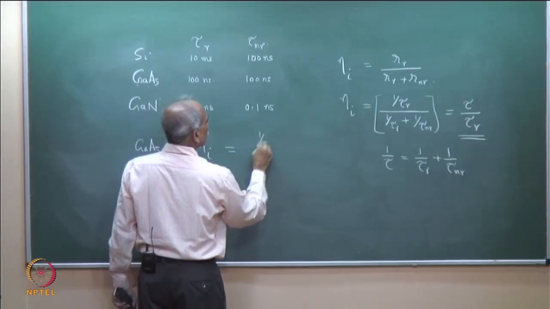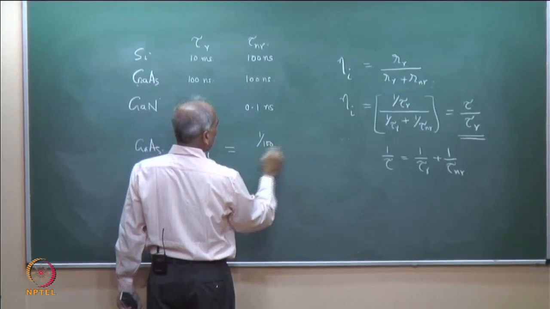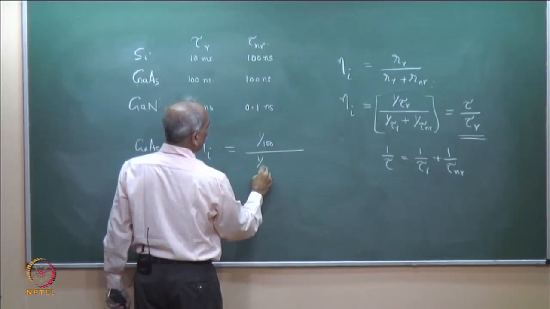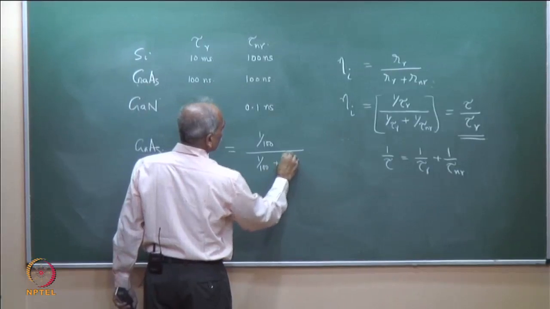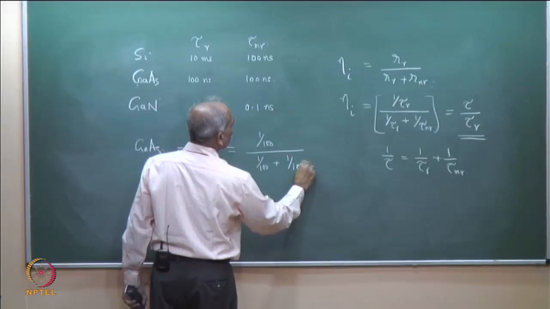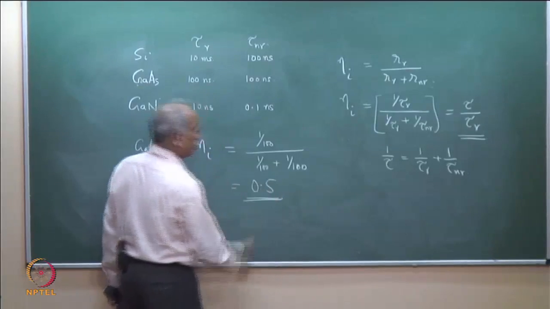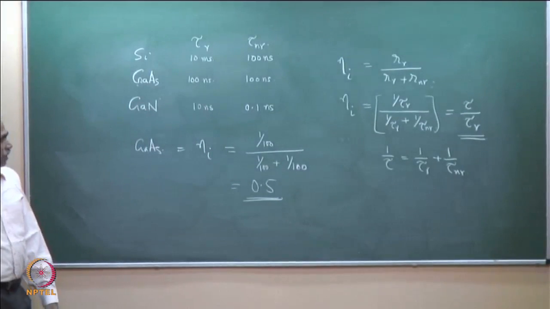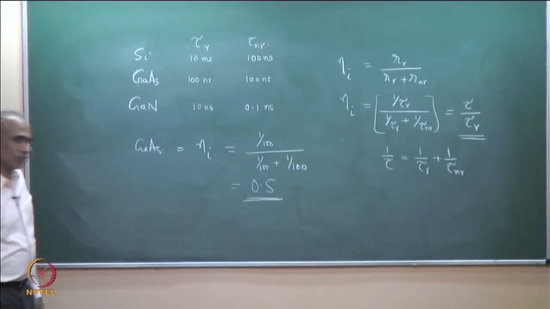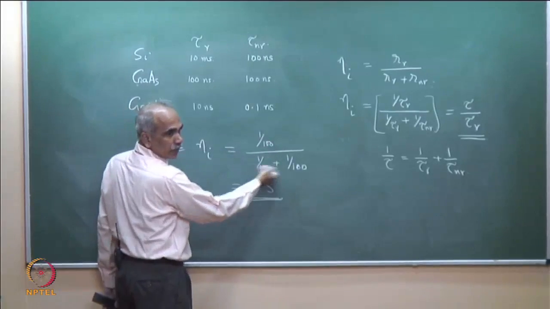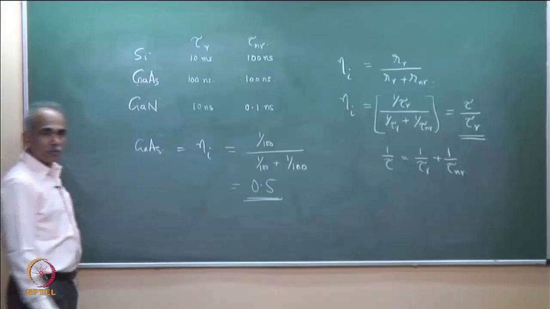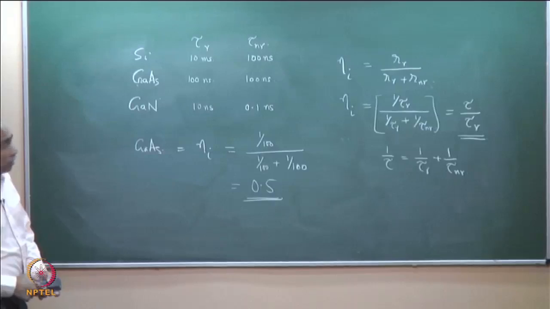So 1 over 100 nanosecond, all are nanosecond, so I do not have to write. So 1 over 100 plus 1 over 100. How much is this? It is x divided by 2x, whatever be 1 over 100, so 0.5.